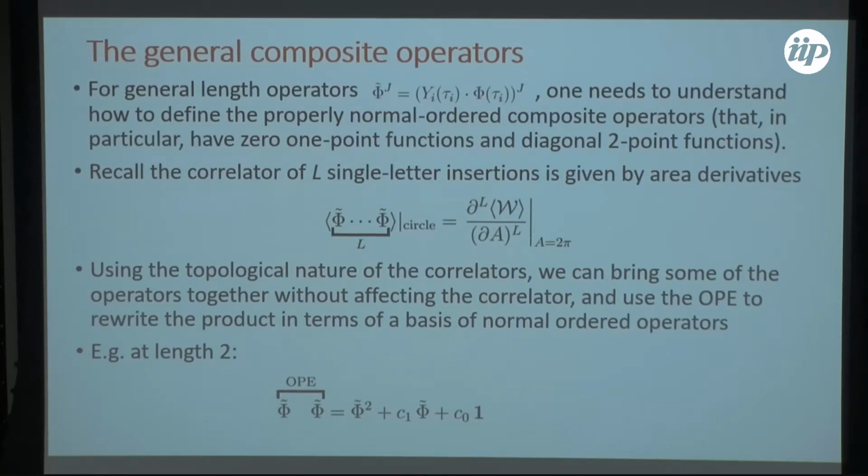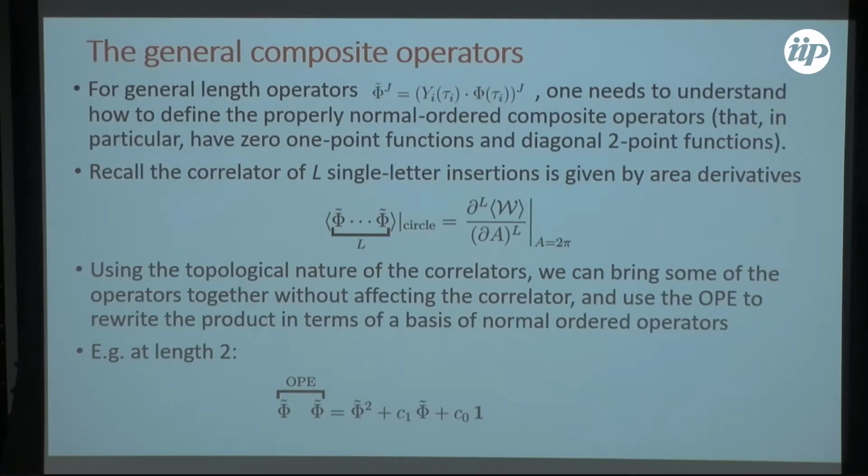So what about the more general operators, which are products? So here one needs to understand how to precisely define these composite operators, which are products of these fields at a single point. So this should be normal ordered operators, which have 0 1-point functions and orthogonal 2-point functions with everything else.